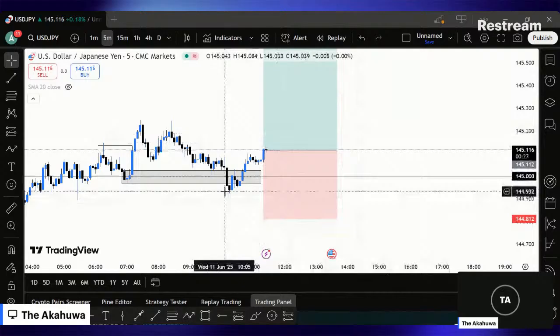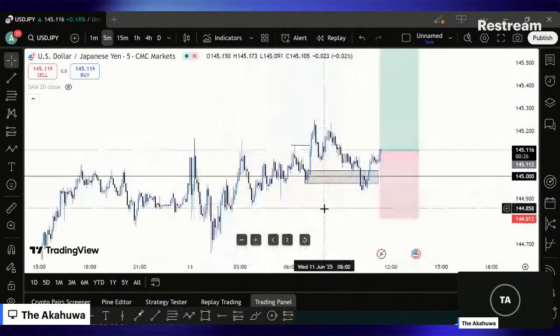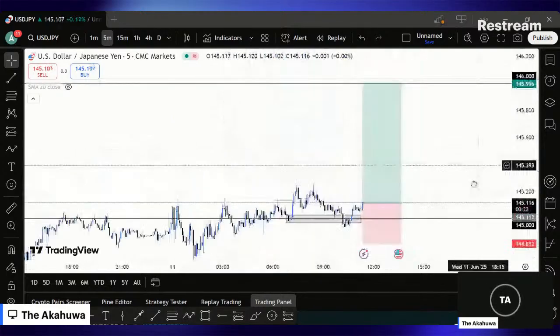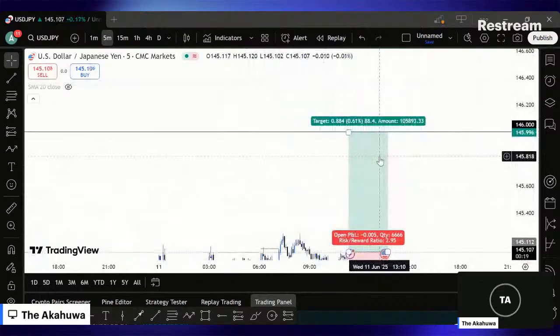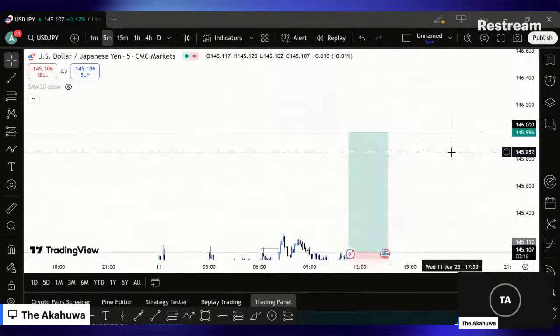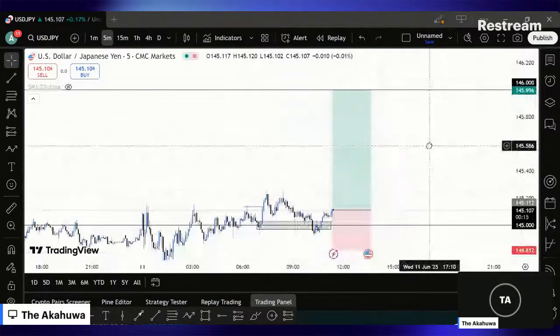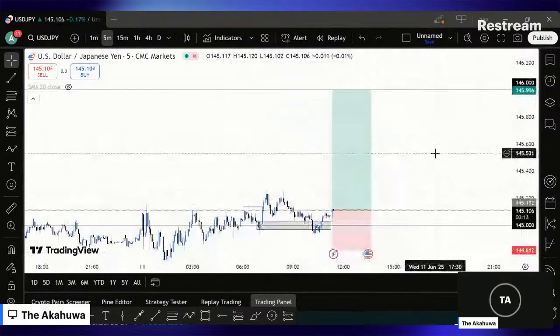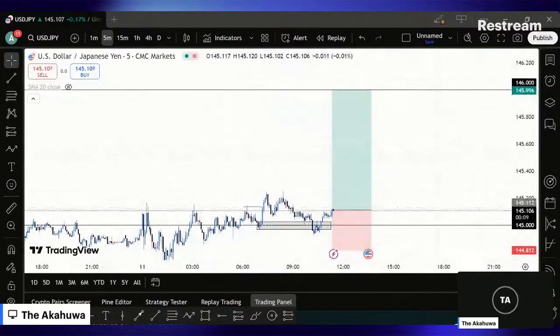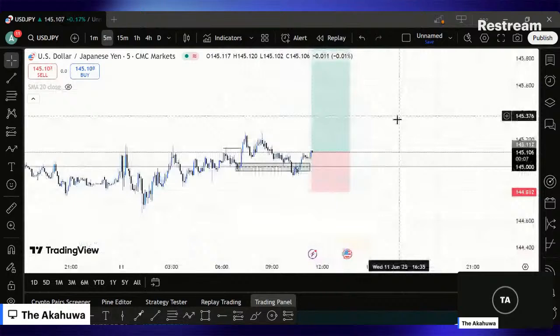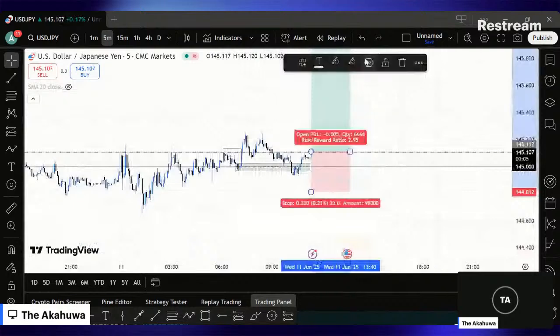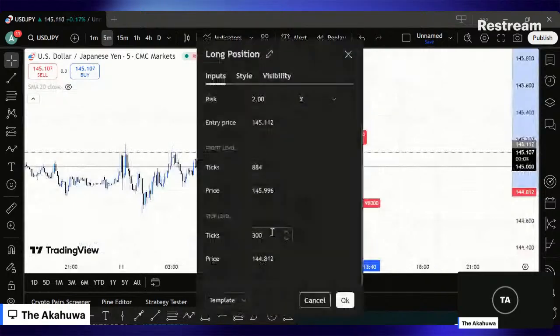30 pips SL. So this is 30 pips. If you hit SL, TP, that's typically 1 is to 2.9. What 25 pips looks like.